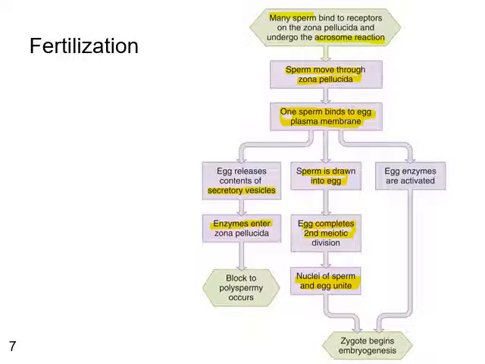The enzymes from those cortical granules enter and change the zona pellucida and block any further sperm from entering. And the fusion also causes enzymes to be activated in the egg that leads to embryogenesis of the now fertilized oocyte.